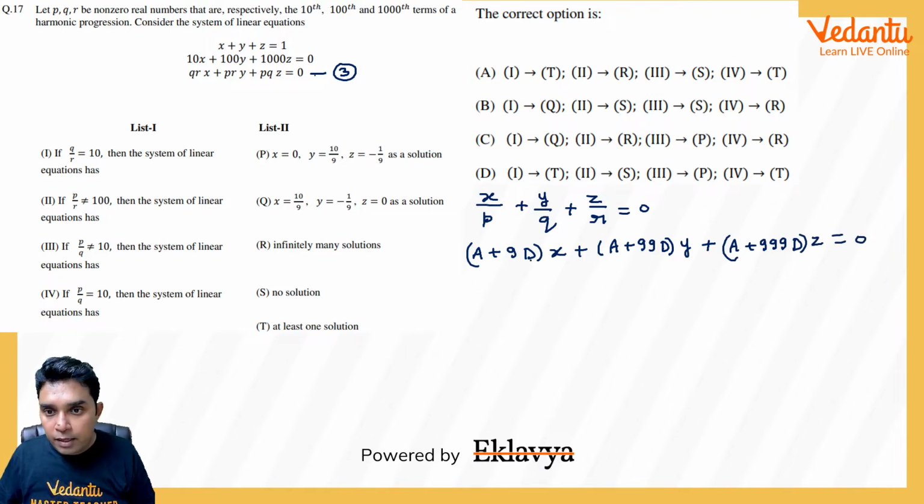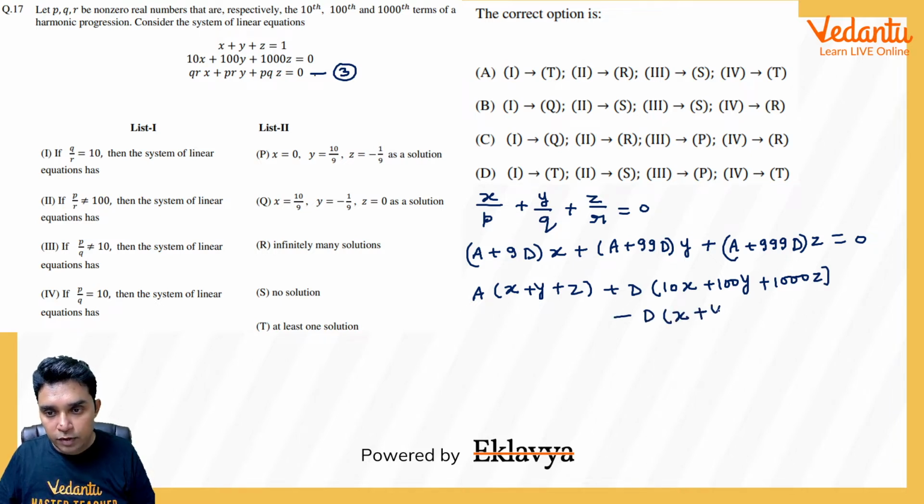Now I will take A common and write A times (x plus y plus z), and then taking D common, I will write 10x plus 100y plus 1000z, minus D times (x plus y plus z), and this entire thing is equal to 0. Now listen carefully.